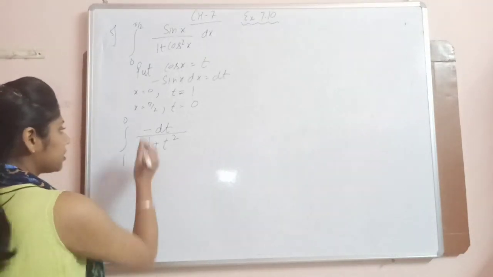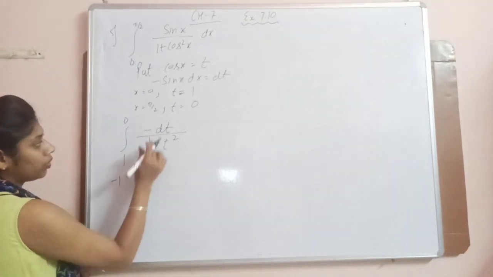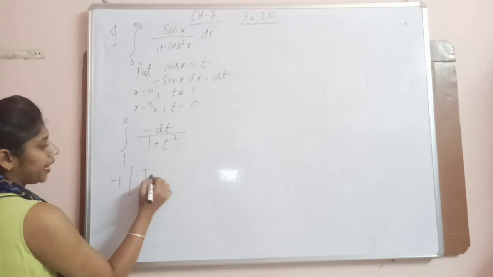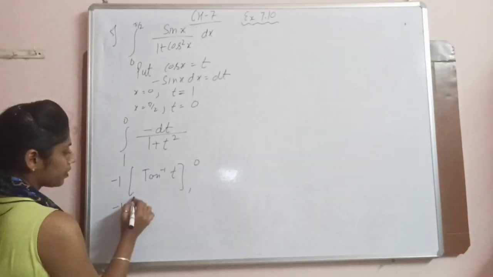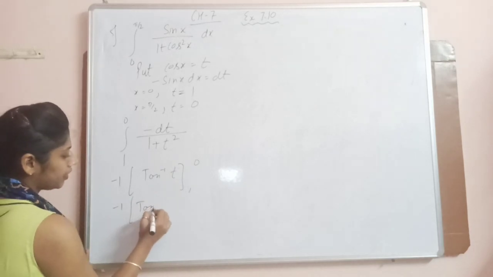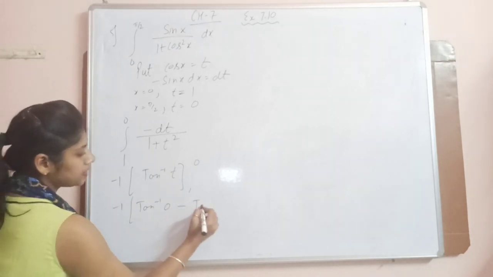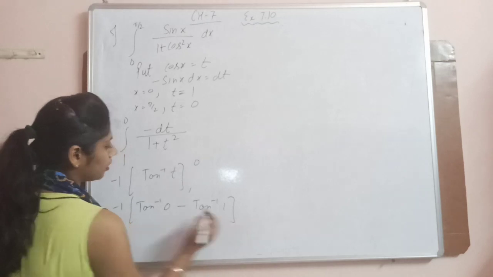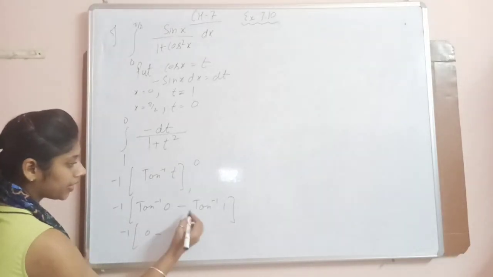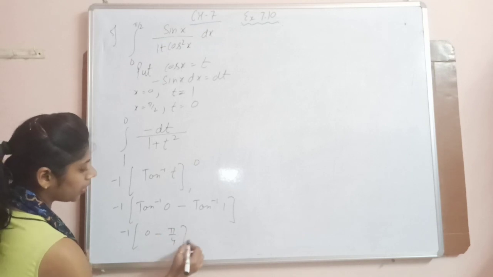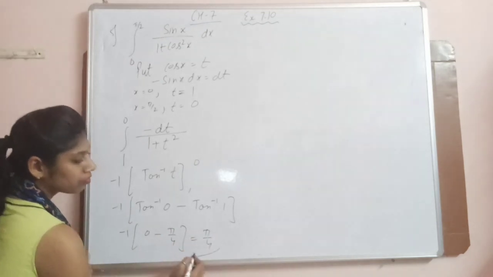Now this is minus 1, we will take it out. Integration of this is tan inverse t, limits 1 to 0. Firstly put tan inverse 0, minus tan inverse 1. Tan inverse 0 is 0, tan inverse 1 is pi by 4. So our answer will be pi by 4.